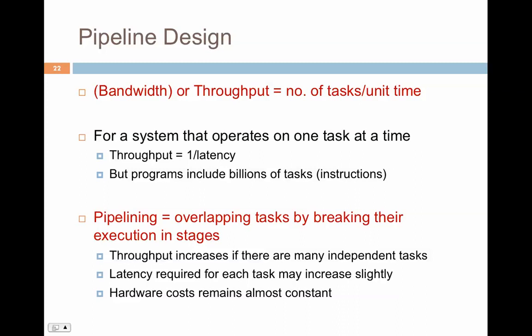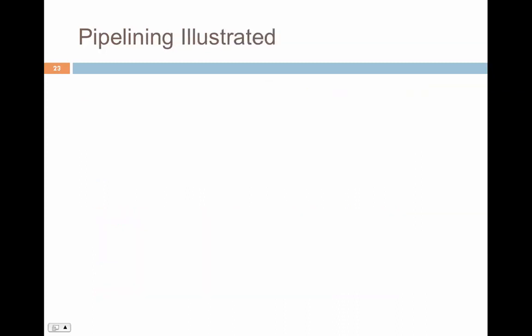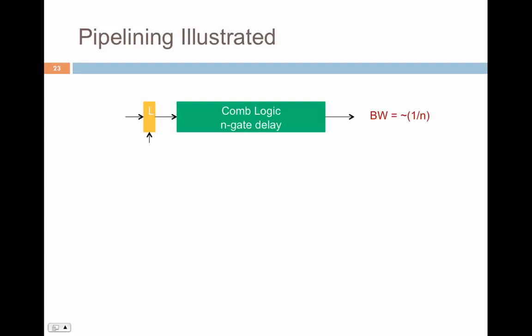So here is a visual display of the same idea. If you want to illustrate pipelining, this would be a simple combinational logic, and this combinational logic has n gate delays. So we're looking at all the gates which are connected in series, and this is the total time for a particular input to arrive at the output. At the beginning we have a latch, which is controlled by a clock.